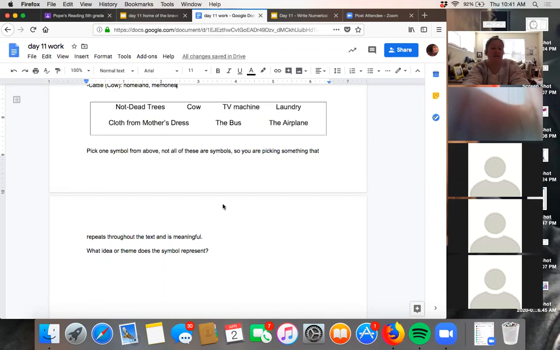So you need to pick something that repeats through the text and is meaningful. And then you're going to tell me what idea or theme does it represent. So an example could be the cow, because we just did that one together. So if I picked cow, that's what I typed in. And then what theme or idea does it represent? It represents memories of his homeland that one day he'll feel at home somewhere else.